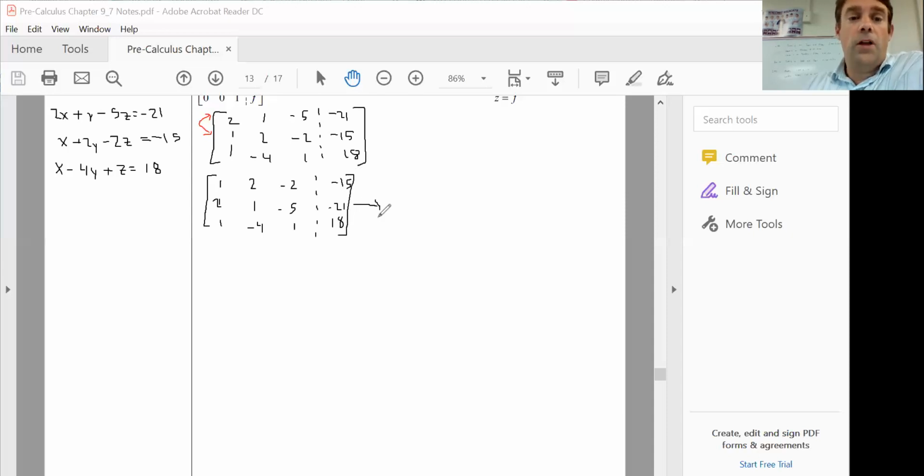All right, I'm going to multiply that top row by -2 and add it to the second row, and we'll replace that second row.